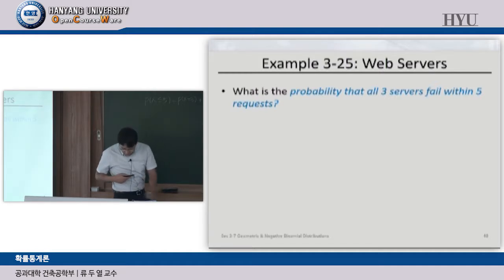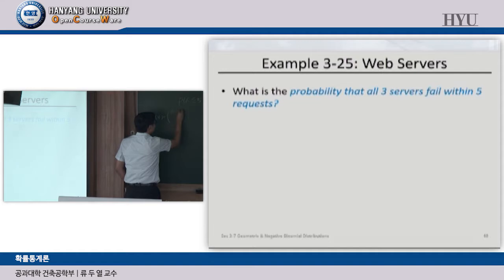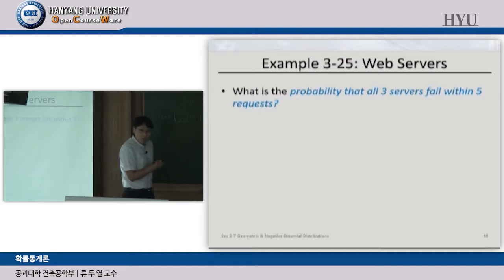Based on the previous slide, the probability mass function of the negative binomial distribution is (x minus 1 choose r minus 1) multiplied by (1 minus p) to the power x minus r, multiplied by p to the power r, right? That is the equation for the negative binomial distribution.